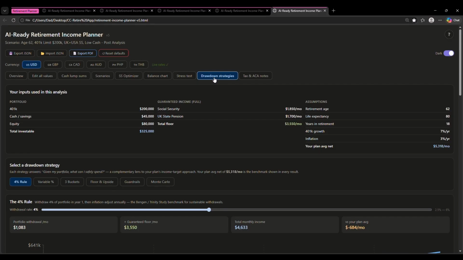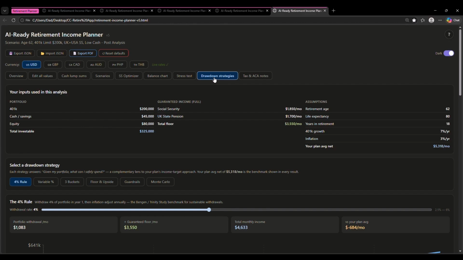At the top of the screen, you'll see this new Drawdown Strategies tab. It sits right before the tax and ACA notes. Click it, and the first thing you see is a summary of the inputs driving this analysis.